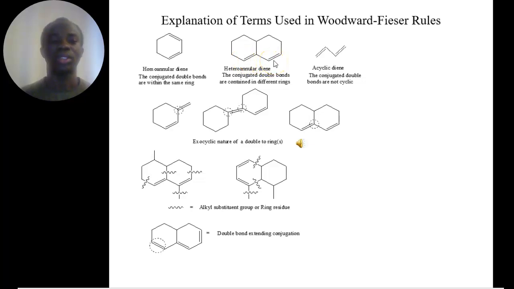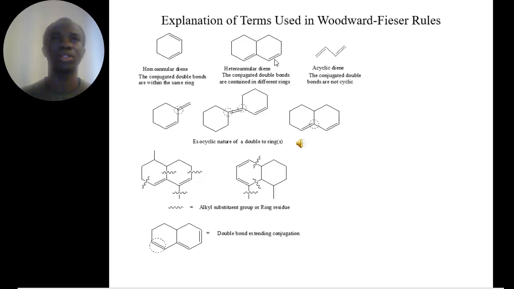This can also occur when one of the two conjugated double bonds is within the ring and the second double bond is in a linear system.